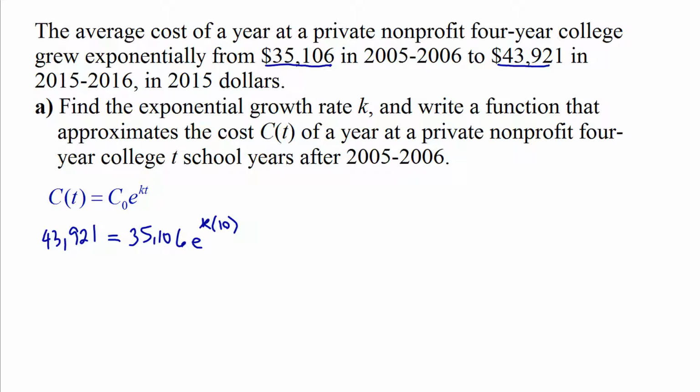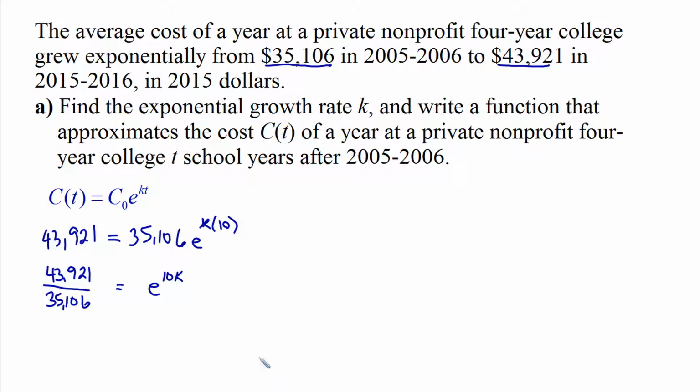So the equation we need to solve then is 43,921 is equal to 35,106 times e to the k times 10. First, we'll divide both sides by 35,106. This gives us 43,921 over 35,106 is equal to e to the 10 times k, or 10k.